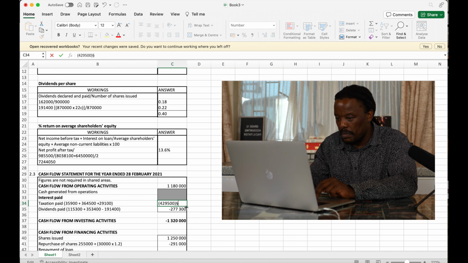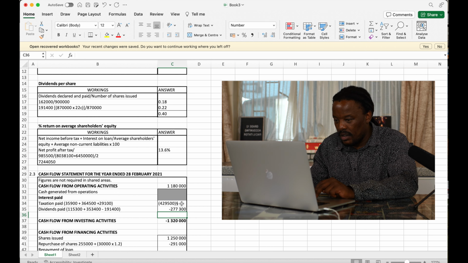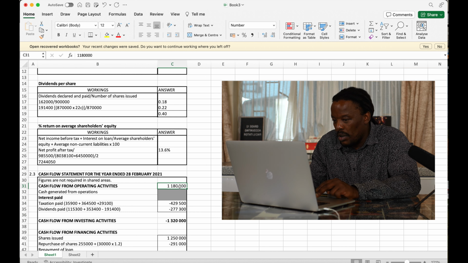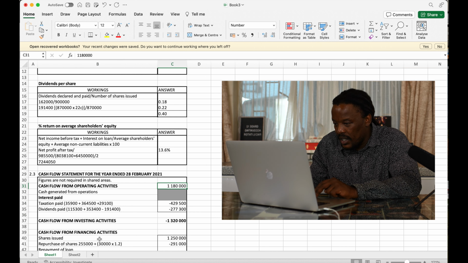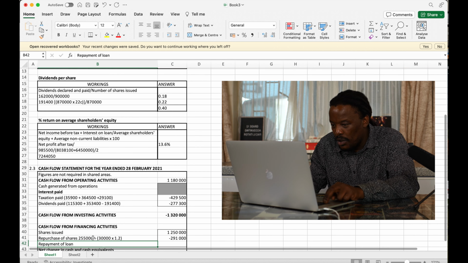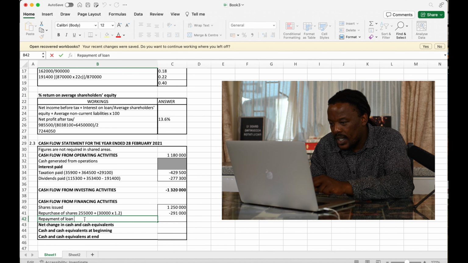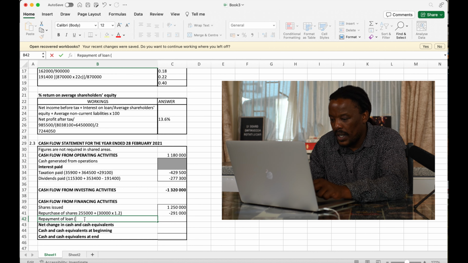Interest paid, dividends paid, and you don't have to do any other work because that amount is already given, and you go back. This amount is given for investing activities. You look at your financing activities. Okay, repayment of loan. Let's look at the loan.